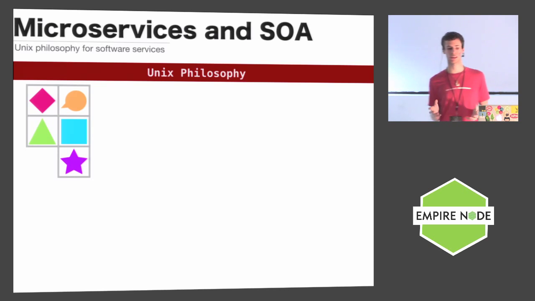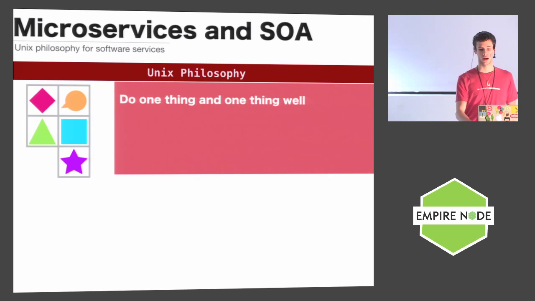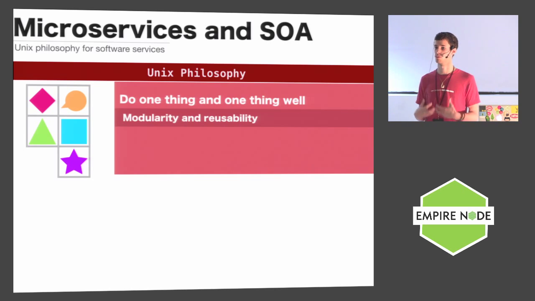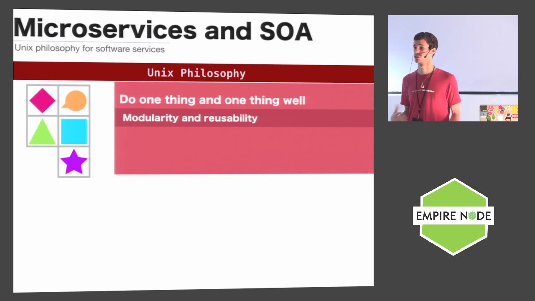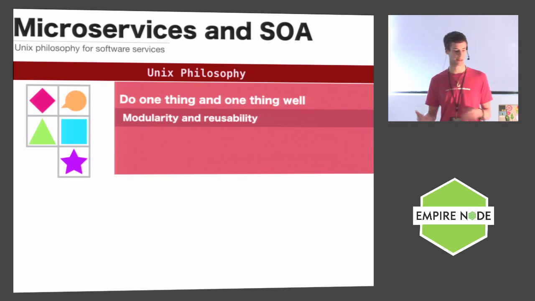So the Unix philosophy has actually very much influenced the concept of microservices. And for those of you who don't know the Unix philosophy, it's do one thing and do one thing well. It's very much around this concept of modularity and reusability, which, having used Node, you should be familiar with. They're very much the same concepts.